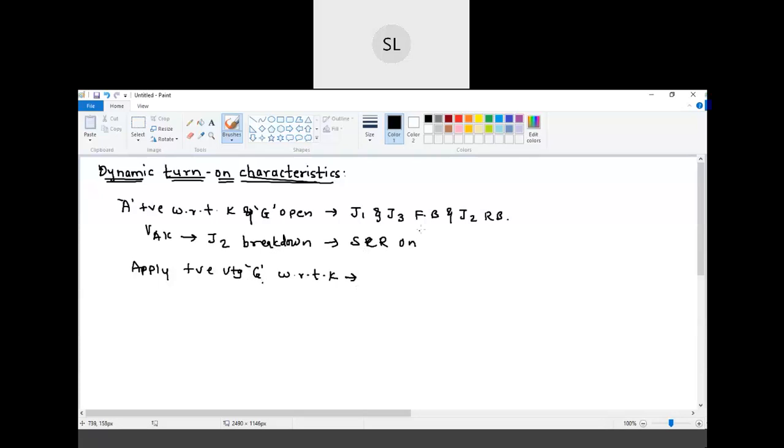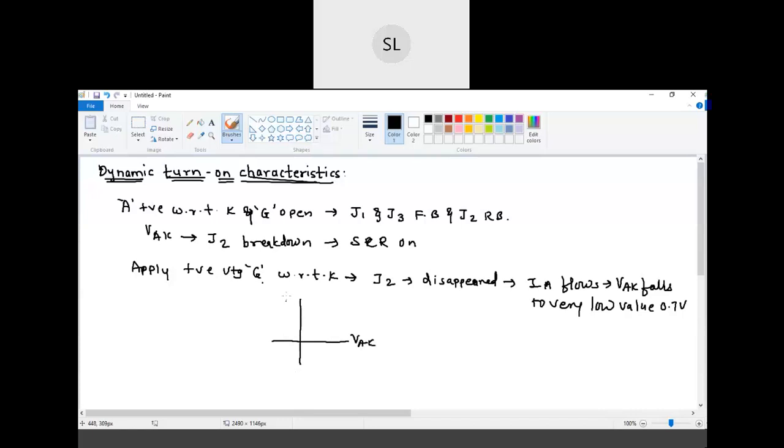As you go on increasing the gate voltage, more and more electrons will be injected in the P region, so that the middle junction J2 disappears and a large anode current flows. Once the anode current flows, the voltage across anode and cathode falls to a very low value, approximately 0.7 volt, because it is simply acting as a forward biased diode, a diode which is in the on state.